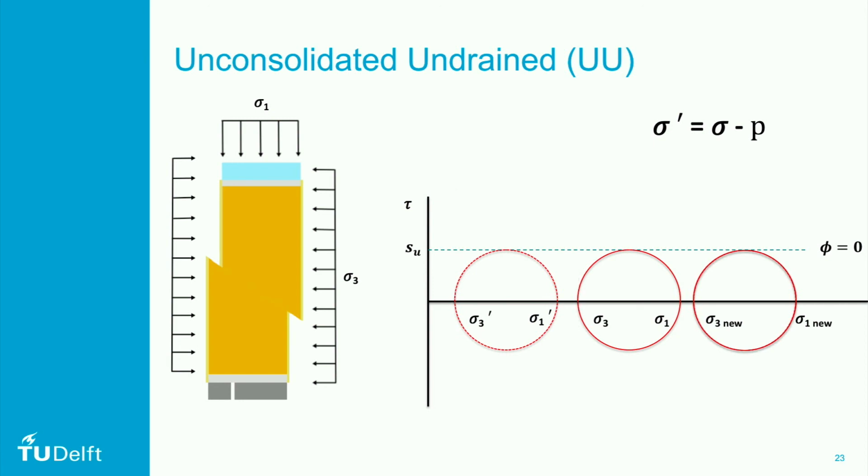The higher cell pressure also has a higher pore pressure, and therefore there is only one effective stress Mohr's circle. So again, increasing the cell pressure without allowing drainage has the effect of increasing the pore pressure with no change in effective stress. An identical strength is obtained for all confining stresses.